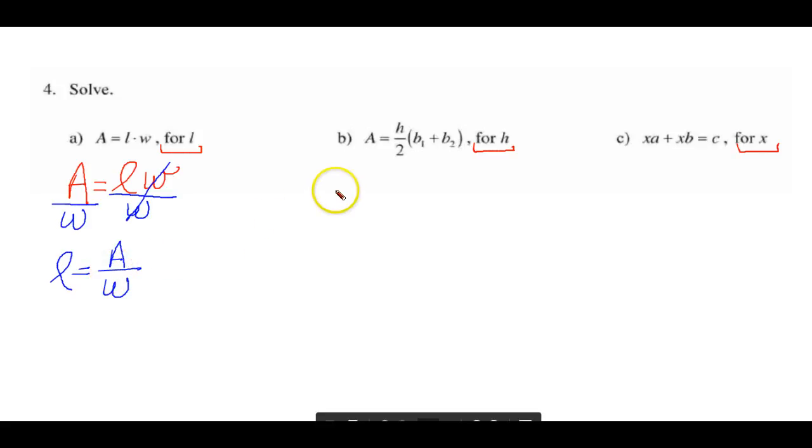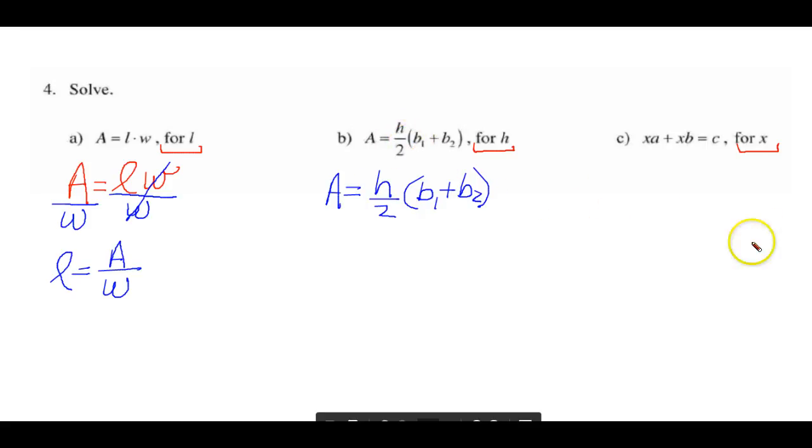Okay, let me write this out here. A equals H over 2 times B sub 1 plus B sub 2. Now we want to solve for the letter H. So we want to isolate the H on this side. But this has a fraction. And this is just one term here.